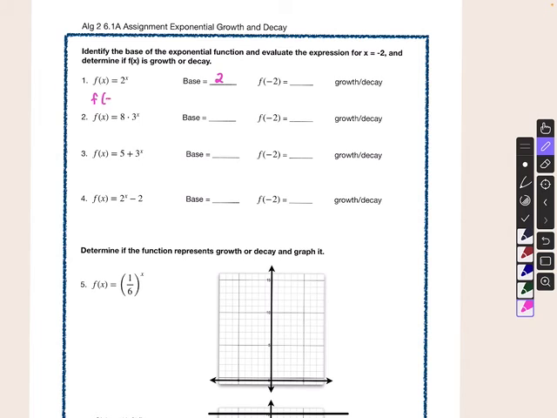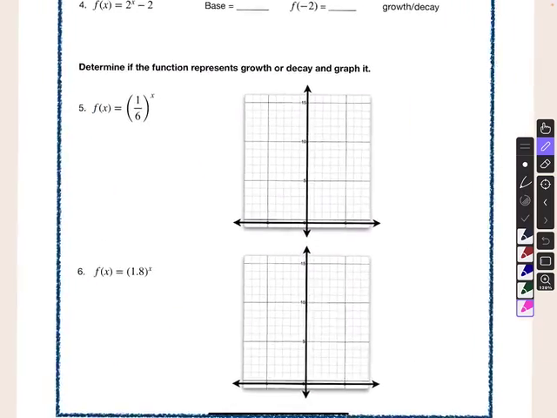So f of negative 2 would be 2 to the negative 2 power, which is 1 over 2 squared, which is 1/4. So the f of negative 2 is 1/4, and therefore we can answer it is decay because that 1/4 is a number between 0 and 1. Okay, so that's the first 4 problems.